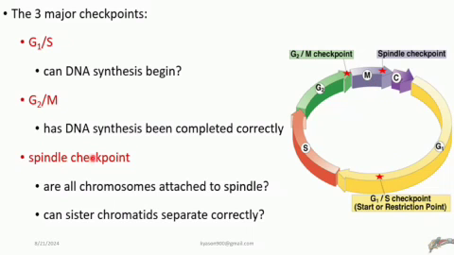Then you have the spindle checkpoint. This is going to check the attachment of the spindle fibers. We have seen that spindle fibers attach on the centromeres of a particular chromosome. If a spindle fiber is not well attached on the centromere, it can result in chromosome abnormalities.